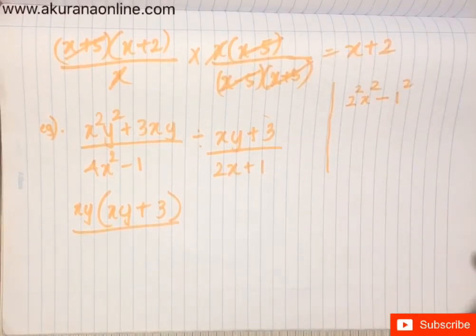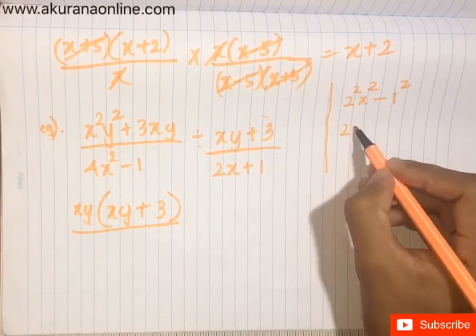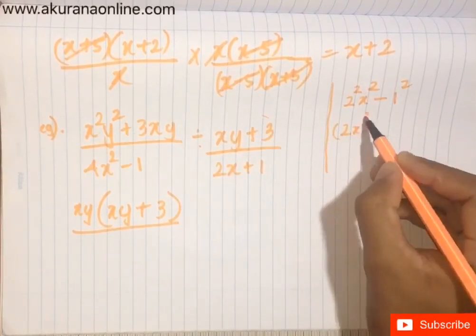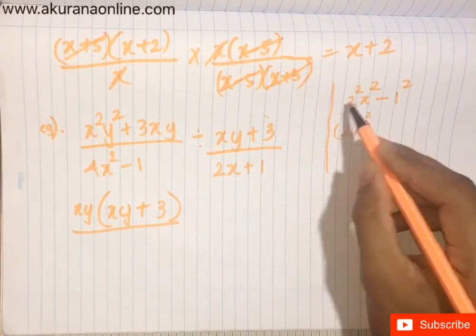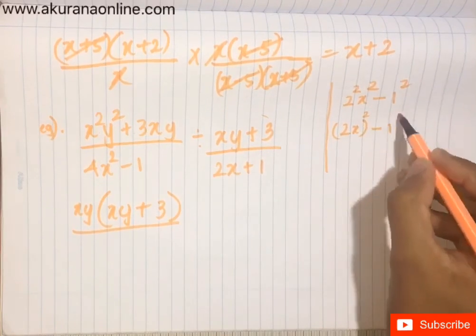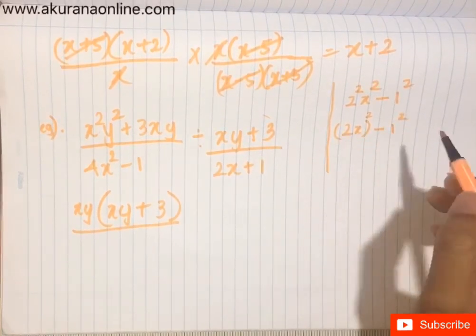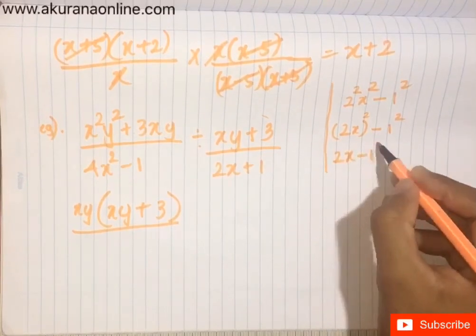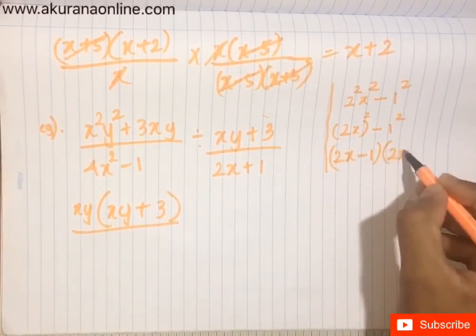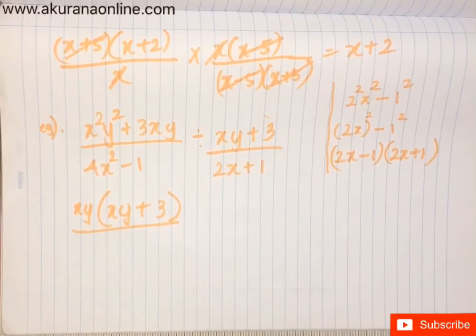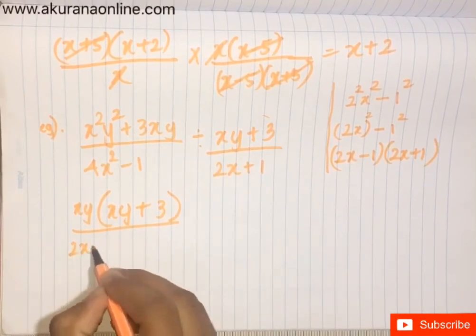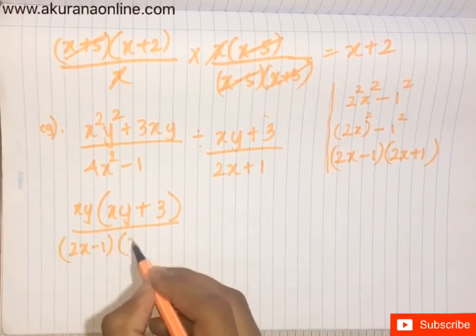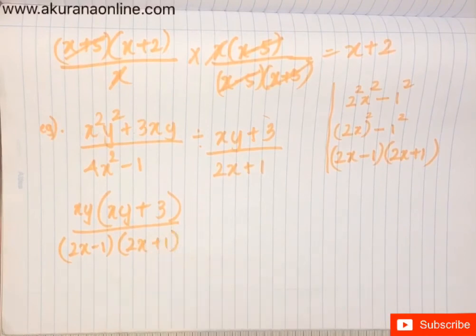Therefore I'll write, if I further simplify, you will get the whole thing squared minus 1 squared. Now this looks like a difference of two squares. How do you factorize? 2x minus 1 and 2x plus 1. Okay, therefore let me write the answer: 2x minus 1, 2x plus 1.